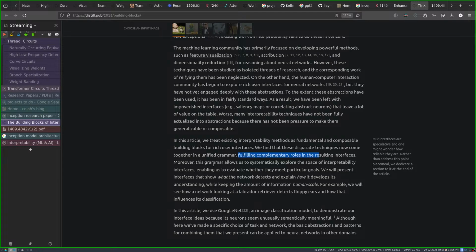Moreover, this grammar allows us to systematically explore the space of interpretability interfaces, enabling us to evaluate whether they meet particular goals. We present interfaces that show what the network detects and explain how it develops its understanding while keeping the amount of information humans have to digest manageable.